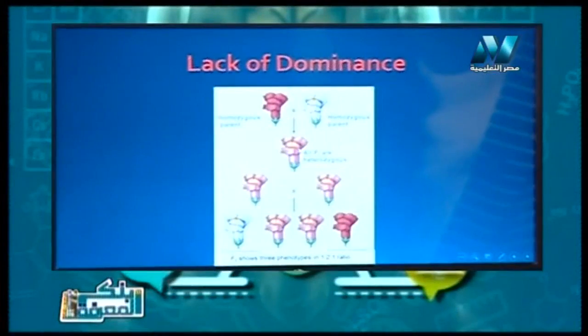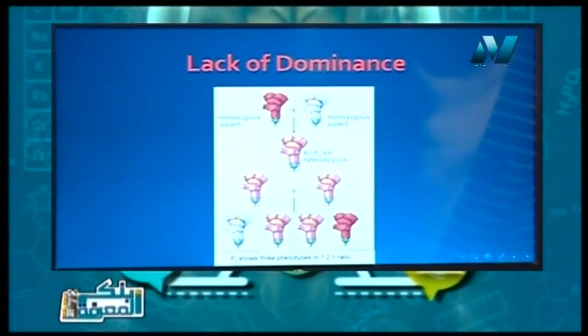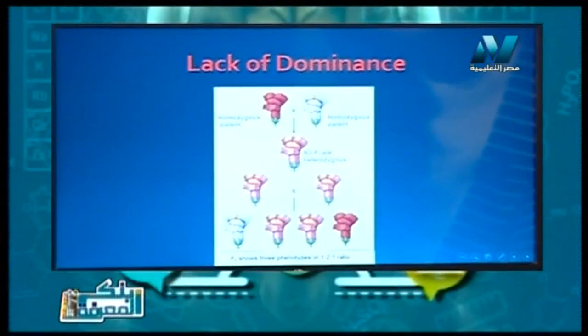And if we let the first generation undergo self-pollination and self-fertilization, the second generation will be red, pink, and white. So how many phenotypes for the same character? Of course, as you see here, red, white, and pink, 3 phenotypes.